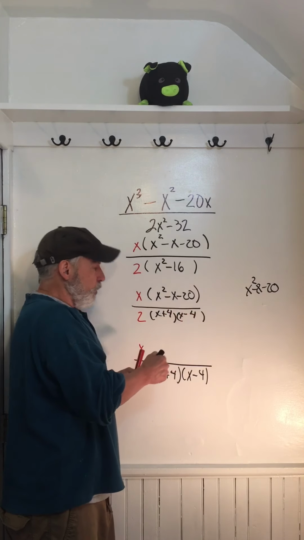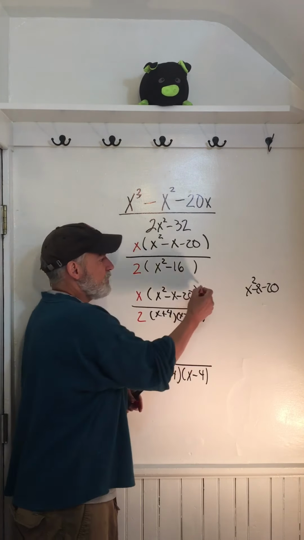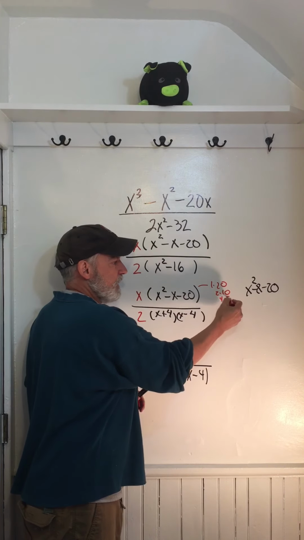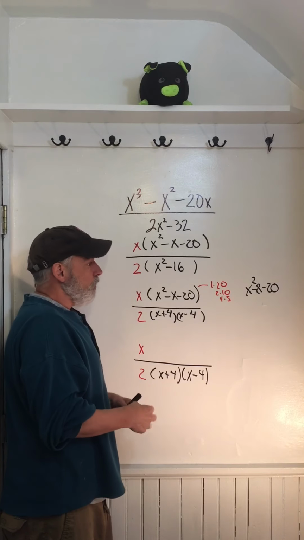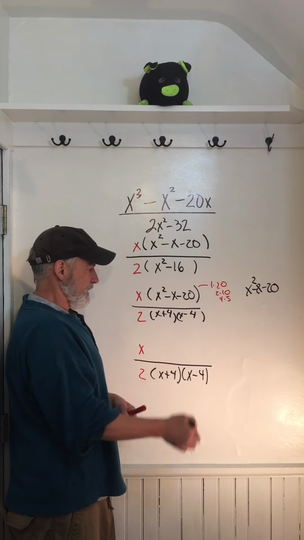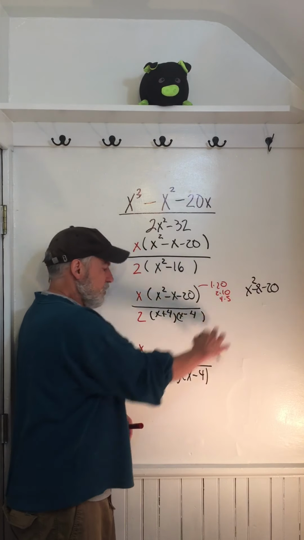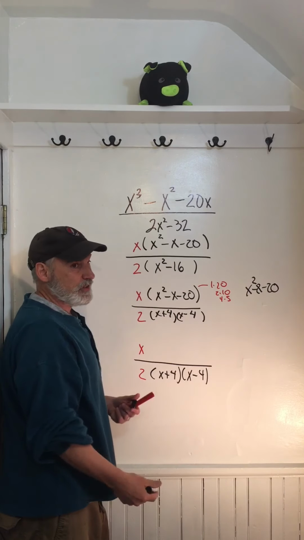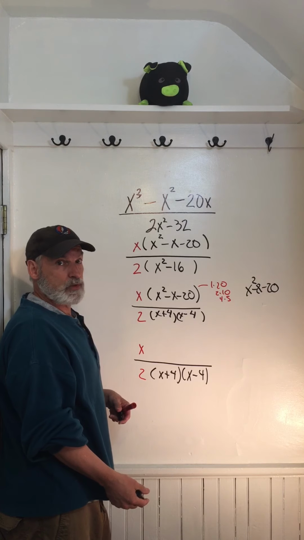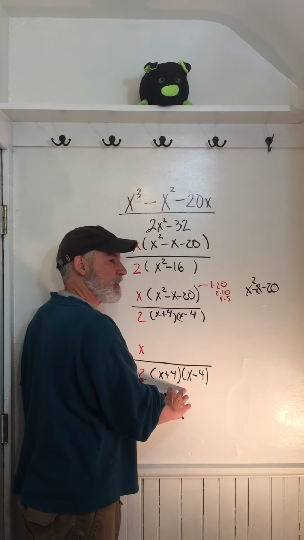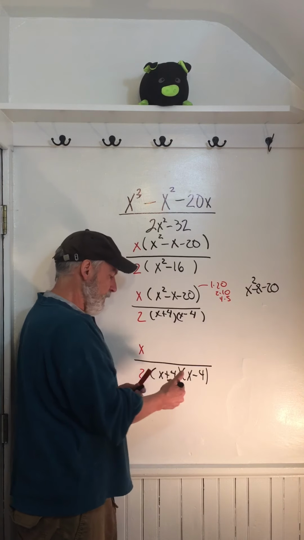So when it comes to a 20, which is 1 and 20, 2 and 10, or 4 and 5, I know that my favorite thing to see would be a 4, because then something would cancel. If it's 2 and 10, nothing cancels, and I really don't even need to do it. So you want to look with hints from the things you've already factored. Look for hints to help you out.